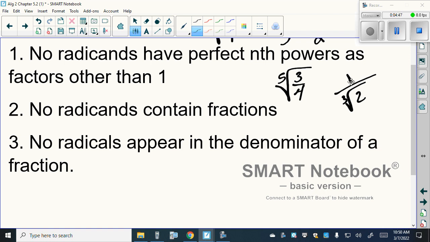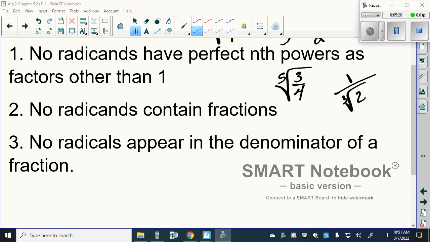We can't have radicals in the bottom of a fraction. We can't have fractions inside of a radical. And if we can reduce them, we need to reduce them. And it's not included here, but we can't have negative exponents, because if an exponent is negative, we need to make it positive by moving it either to the numerator or to the denominator.